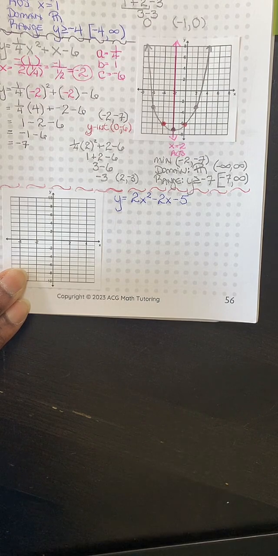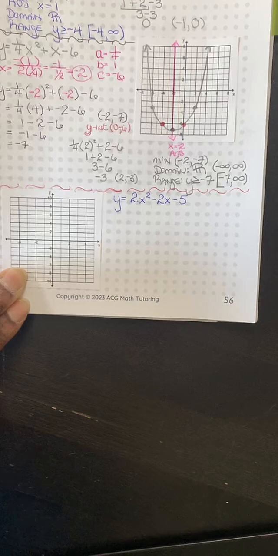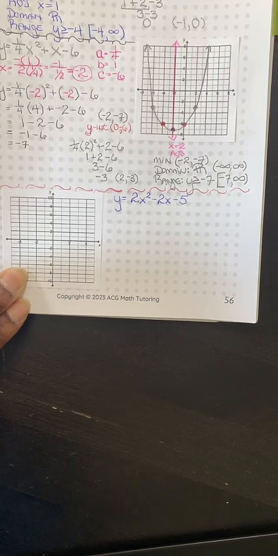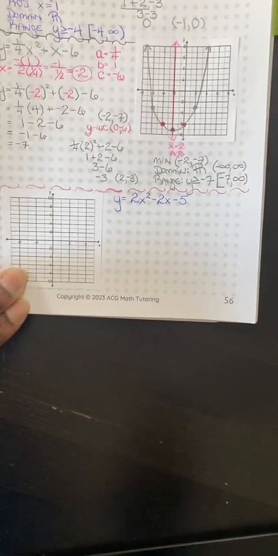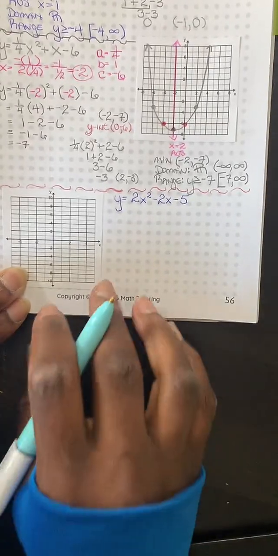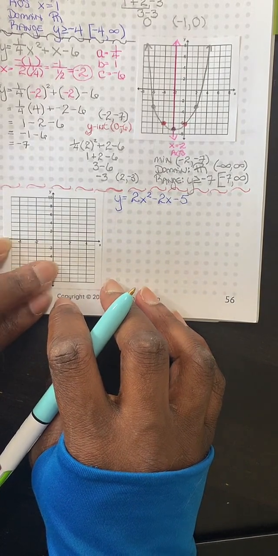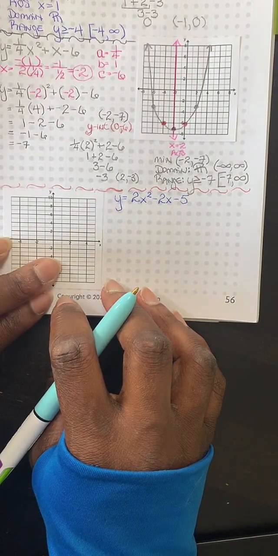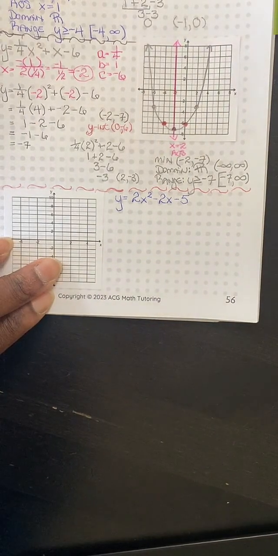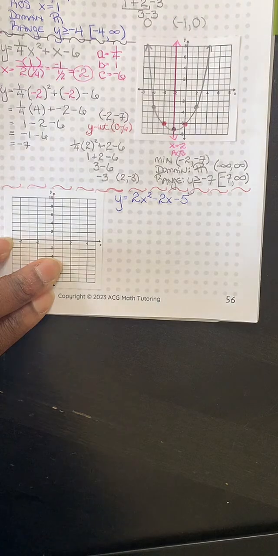All right. So now, another pen. Okay. First thing that we need to find is my axis of symmetry. Hey, Willie G. It's been a minute. Okay, there we go.